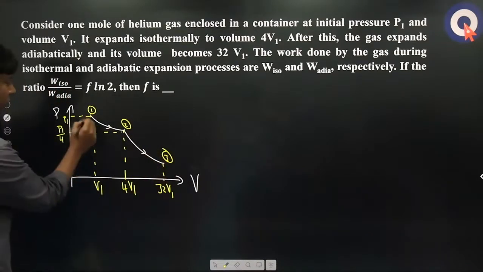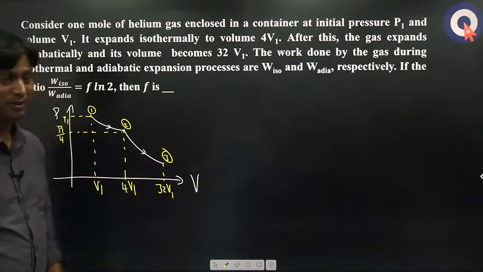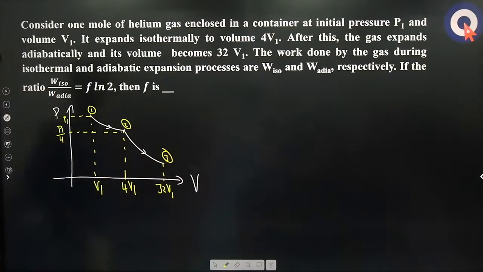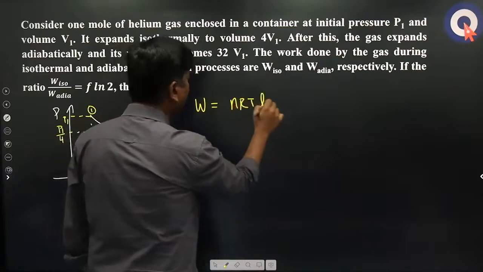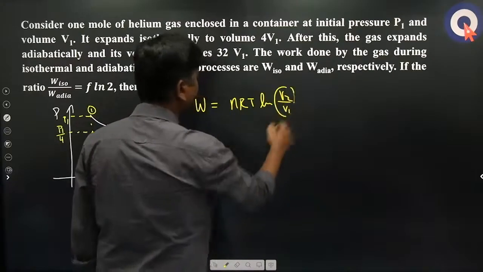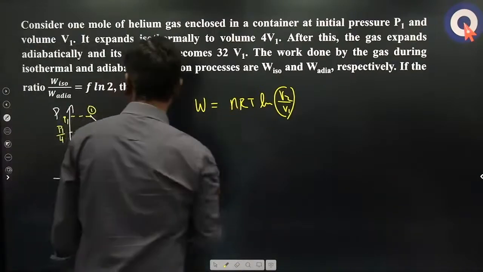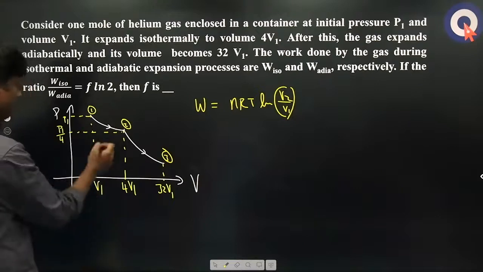Simply they are asking what is the work done in this process and work done in this process. Two work done they are asking. Okay, how do you find? Work done in isothermal process, and work done in adiabatic process also you need to find. Okay. So work done in isothermal process is always equal to nRT ln V2 by V1. But temperatures are not given, right? So nRT is same as either P1 V1 or P2 V2, which is same as P1 V1 only.